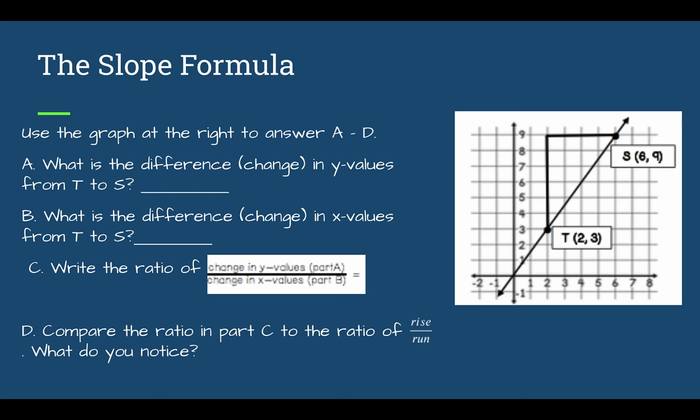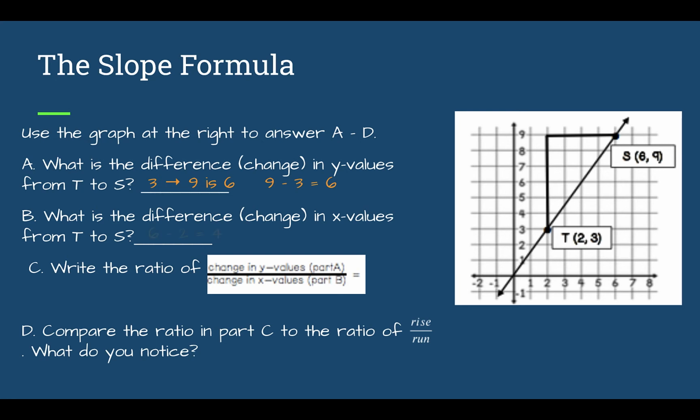This involves taking the differences between the coordinates. If I look at the y values, which is our second coordinate, 3 and 9, and I wanted to find the difference, I would just subtract. Going from 3 to 9 is a change of 6. I could have found that out by subtracting. 9 minus 3 is 6.